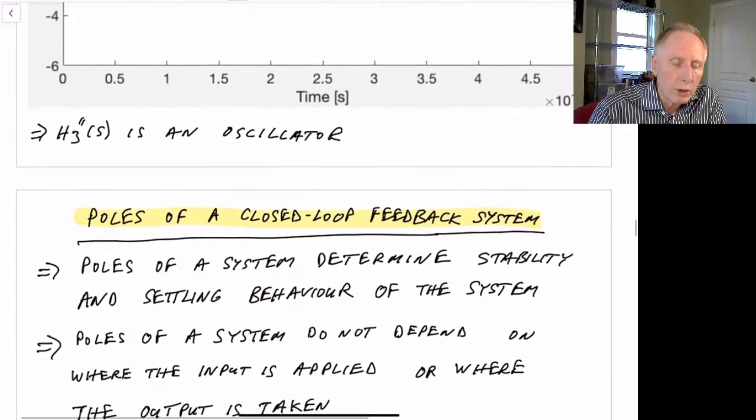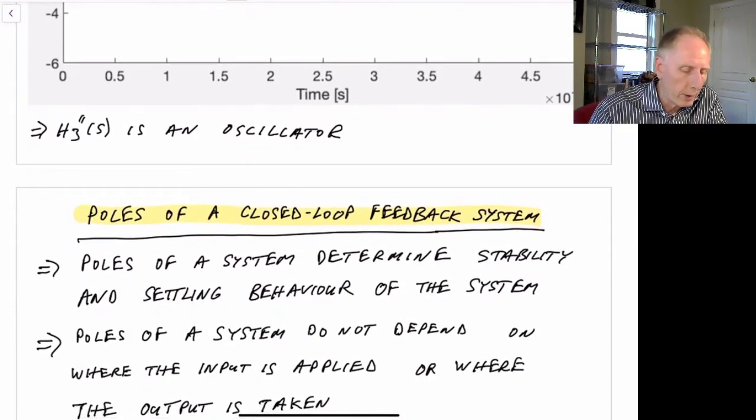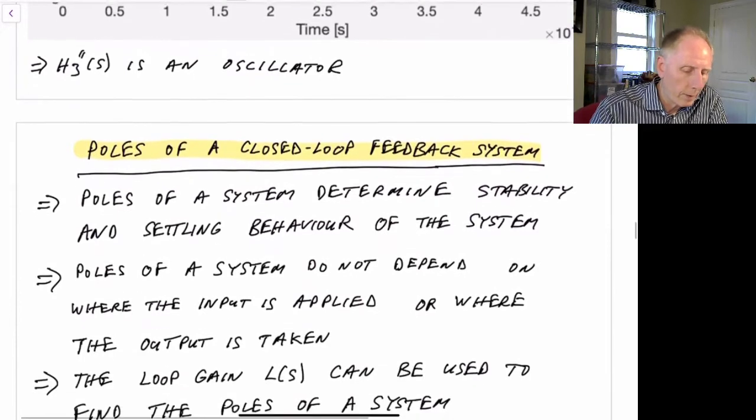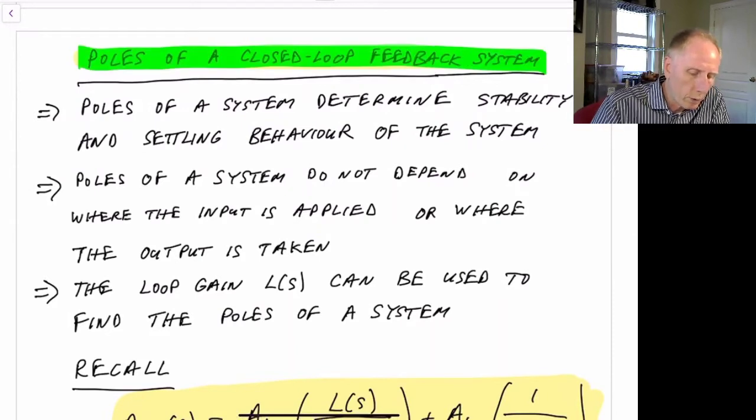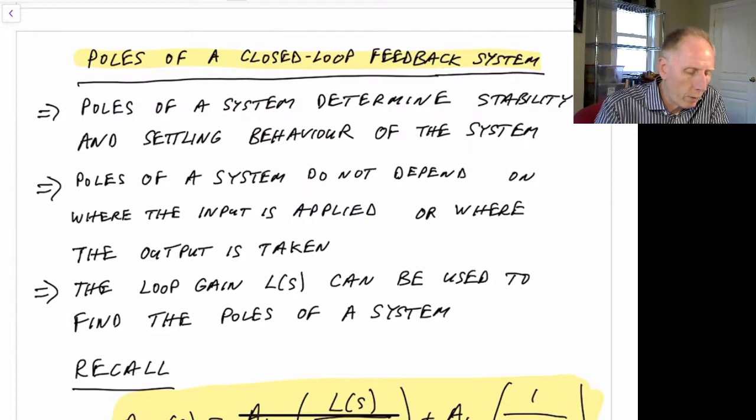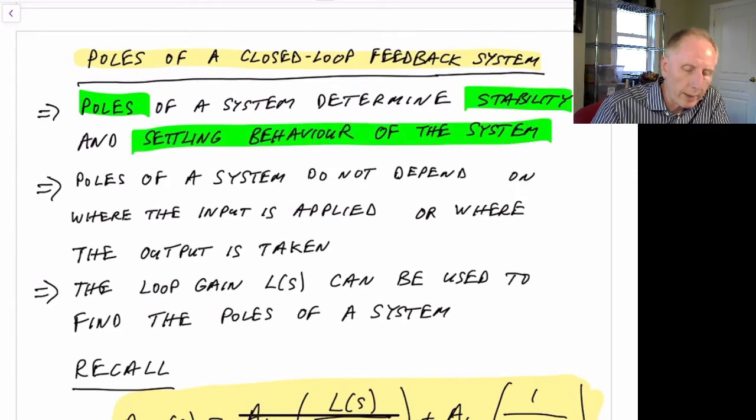So this is just in general looking at any linear time invariant system that has possible complex poles. Now I want to look at the poles of a closed loop feedback system. What we just saw above is that the poles of a system determine the stability and the settling behavior of that system, how quickly it settles, and the oscillation frequency that it may ring at.